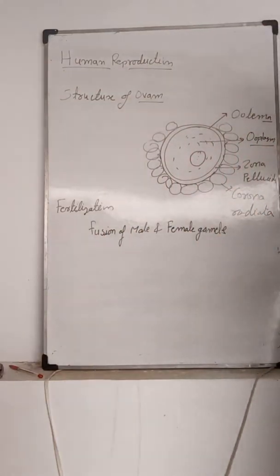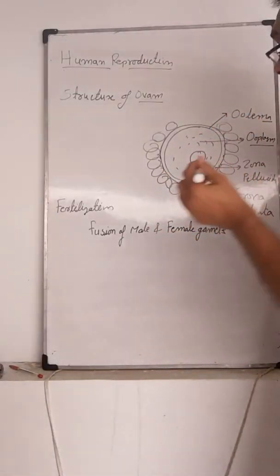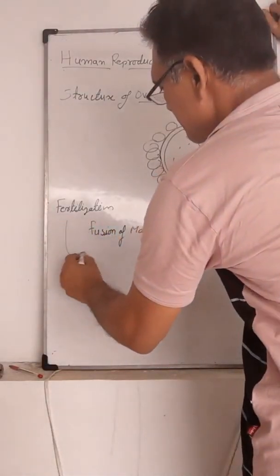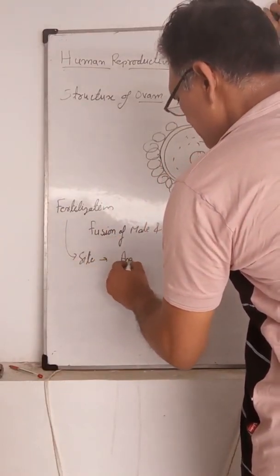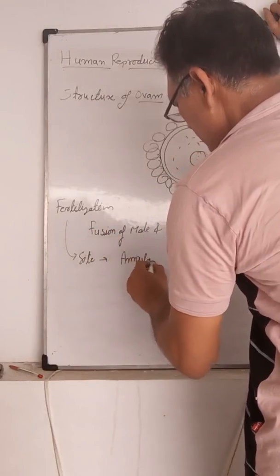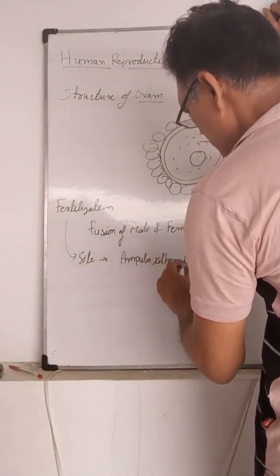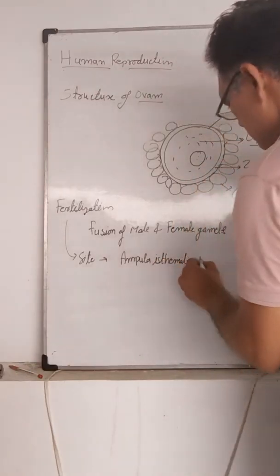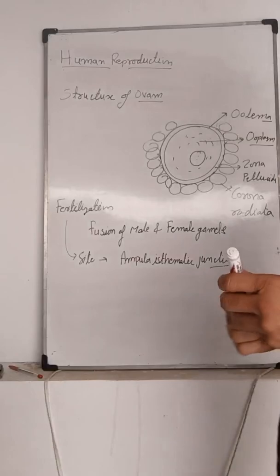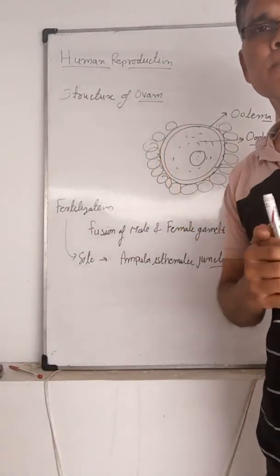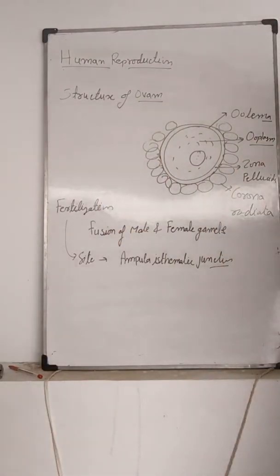The site of fertilization is the ampulla-isthmus junction. In the fallopian tubes, the place where the ampulla and isthmus are joined together is the site of fertilization.